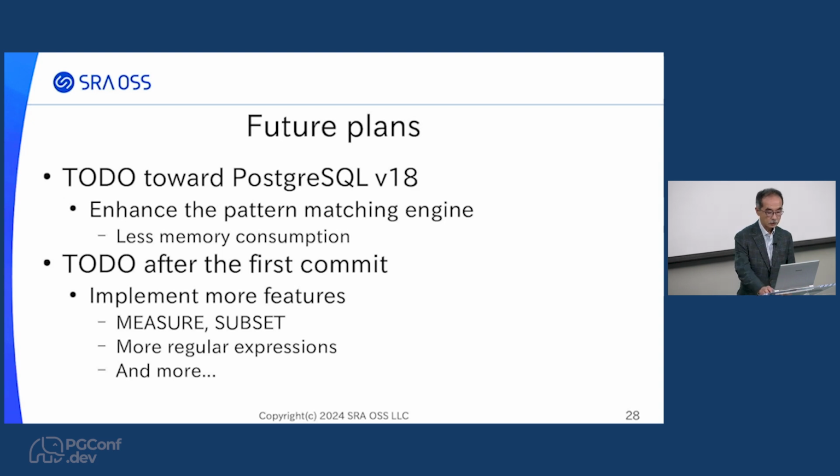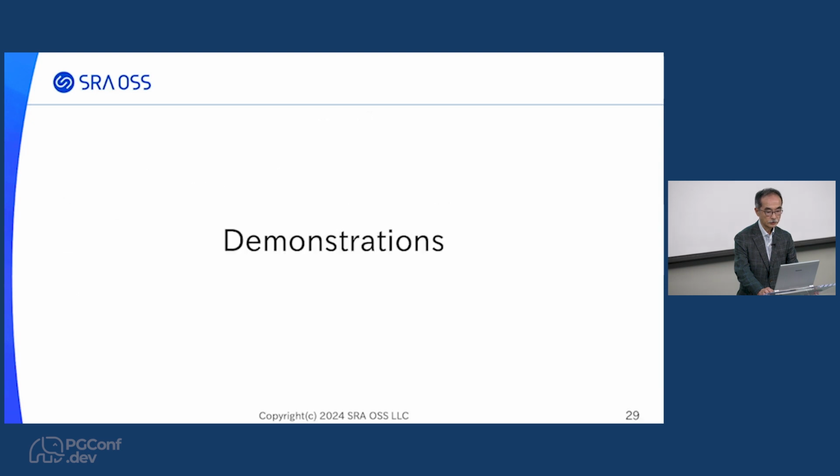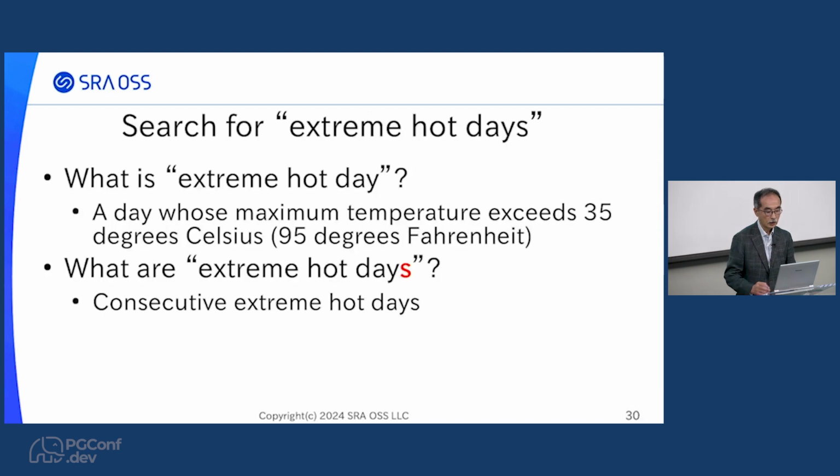Okay, let's move to the final topic, the demonstration. In this example, I would like to find extreme hot days. You might remember that last summer was extremely hot, especially in Japan, I think. So first of all, we define an extreme hot day.